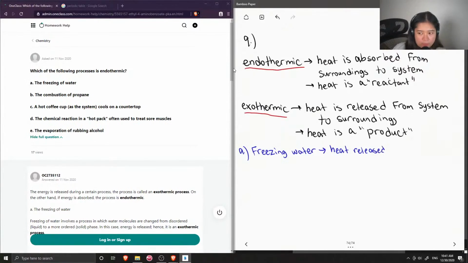So when we have liquid water and it's like warm, then the heat is in the system. But once we start to decrease the temperature, then the heat is kind of released from the water and ice is formed. So this makes it an exothermic reaction. So I'll just say this is exothermic.